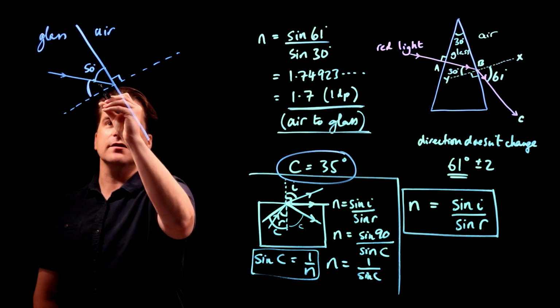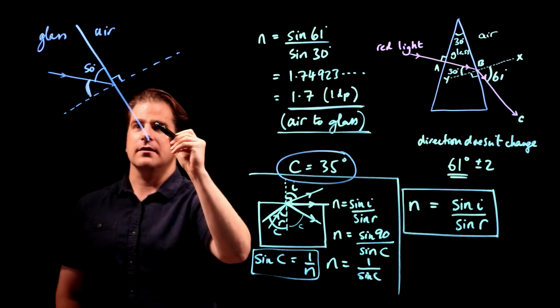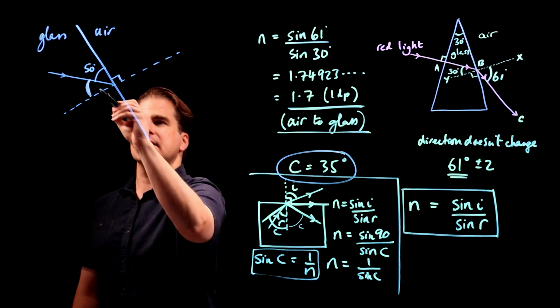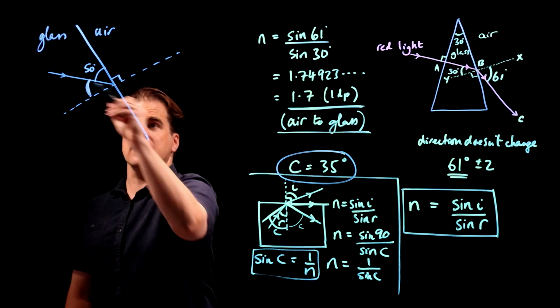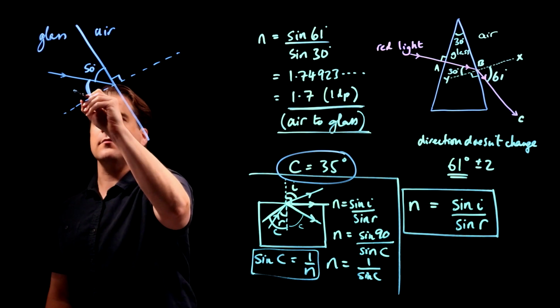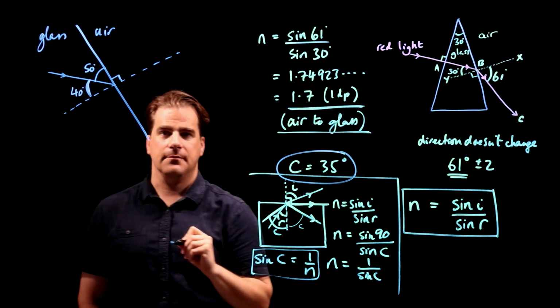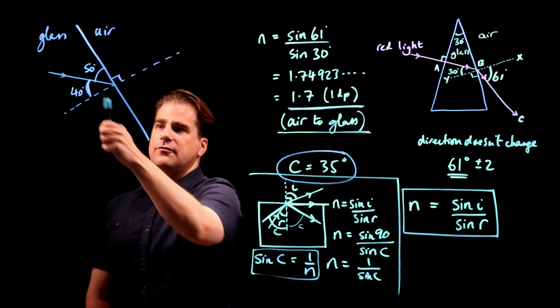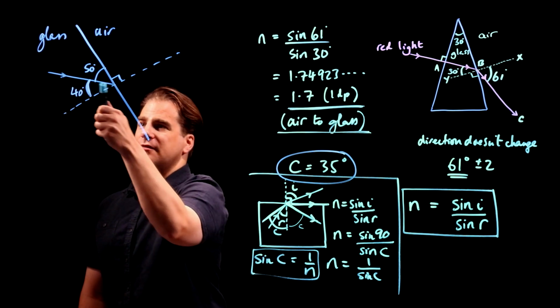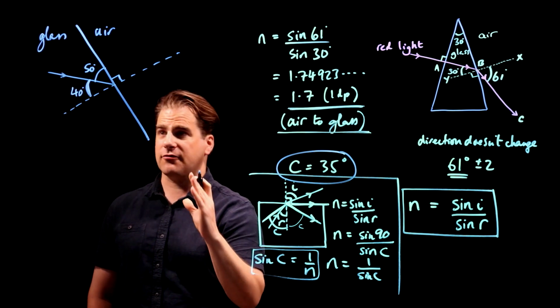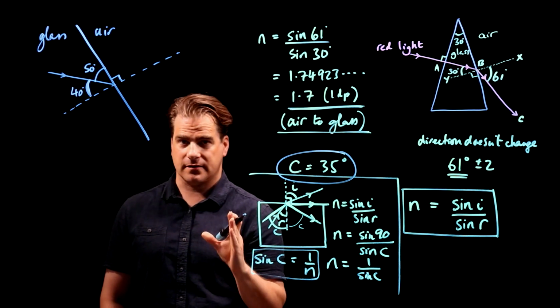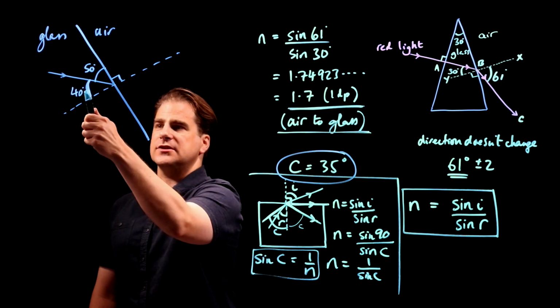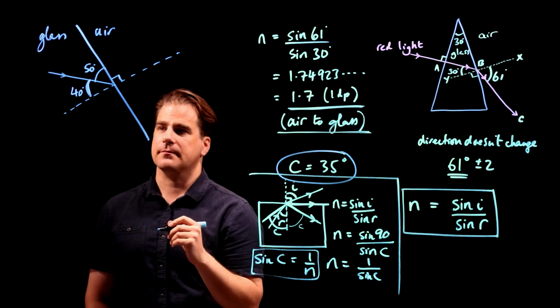The angle of refraction inside the glass is the one between the normal and the ray. So if that's 50, that must be 40 degrees. So the angle of refraction, again ignoring the direction of this ray, because direction doesn't matter, is always inside the glass. So the angle of refraction is 40 degrees.